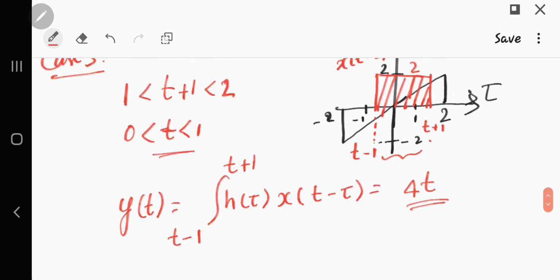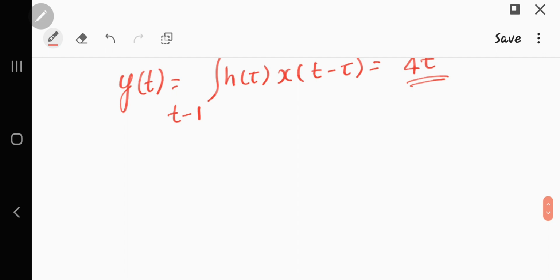So let's see what happens in the next case. It's not mandatory that you show all the steps here, but you should know how you got that.